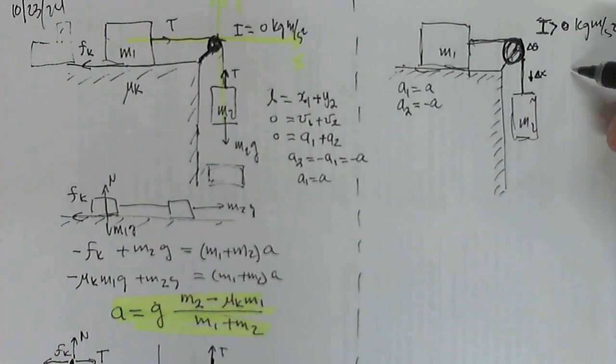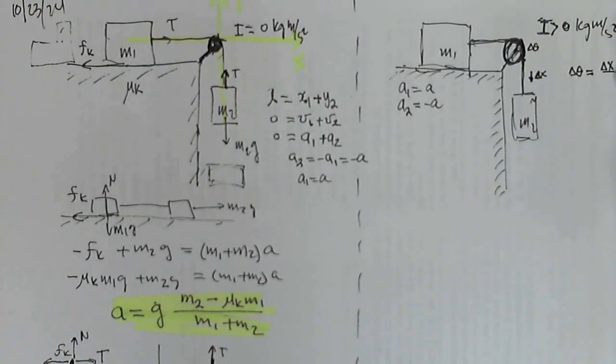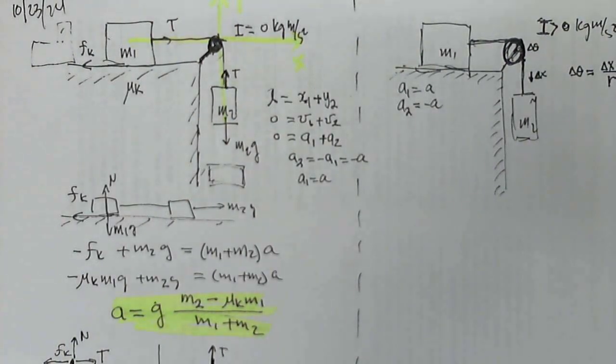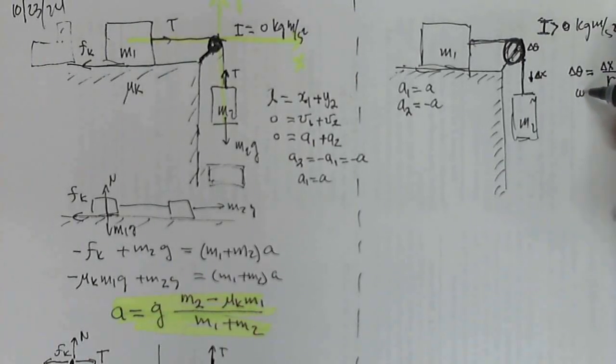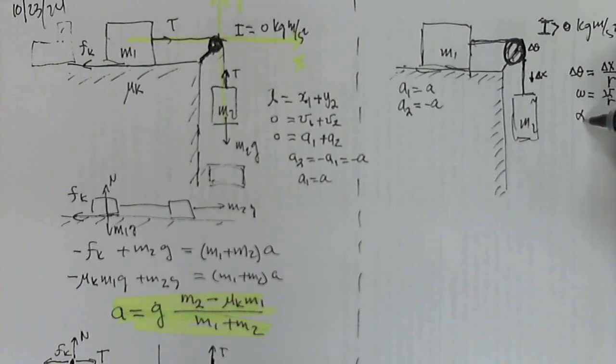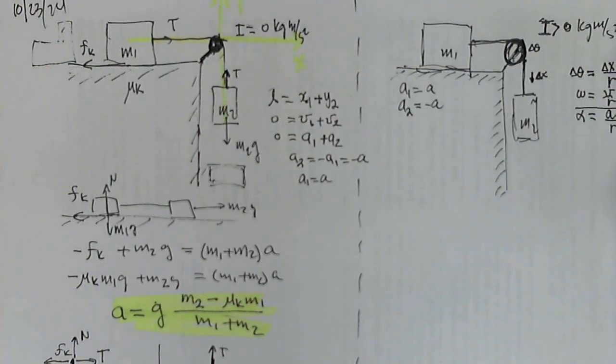Then you get that delta theta is delta x over r, and if you take the first and second derivative, you get that the angular velocity is velocity over r, and angular acceleration is linear acceleration divided by r.